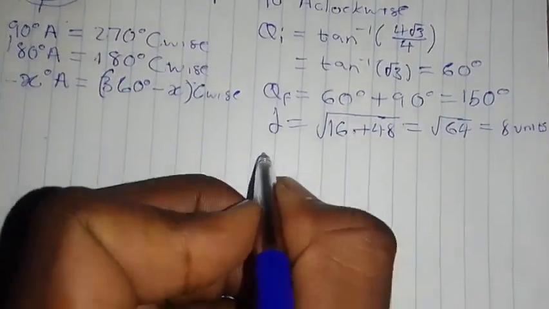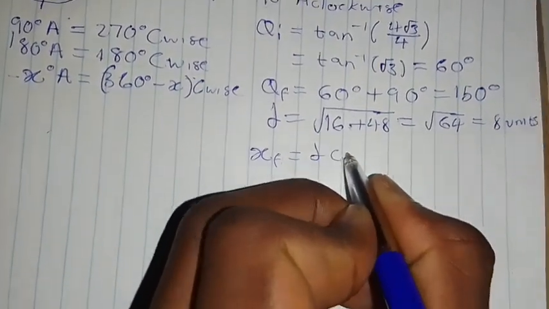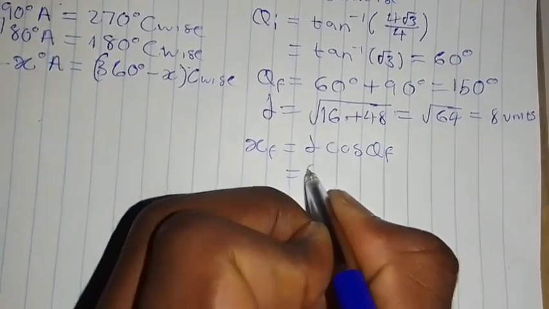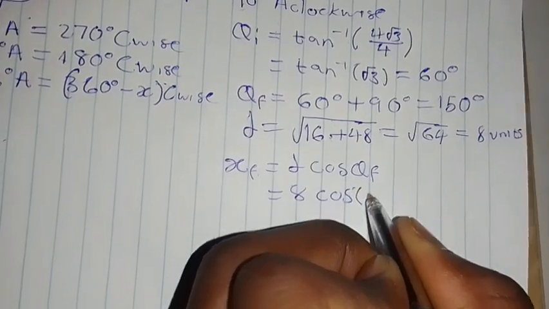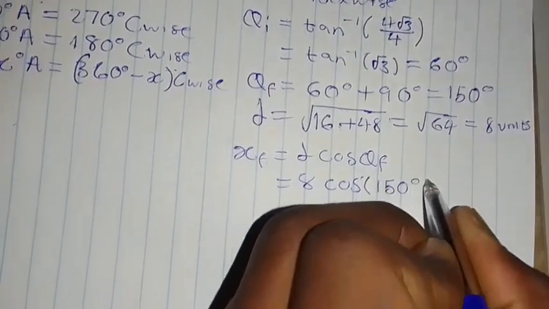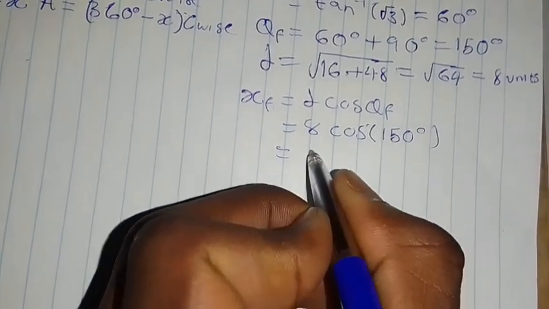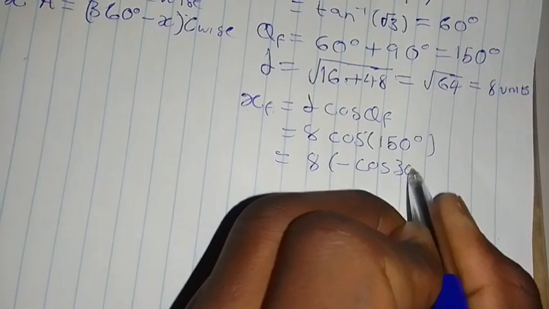Now when you have the distance, you can find the final x coordinate. Xf is d cosine theta final, so it's 8 cos 150 degrees. Cos 150 degrees is the same as minus cos 30 degrees.